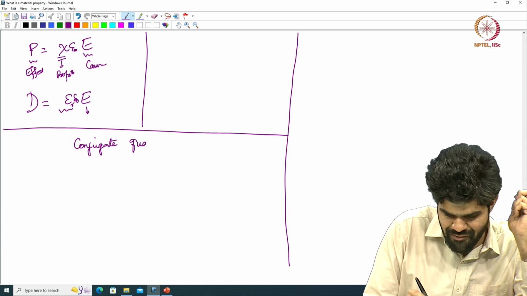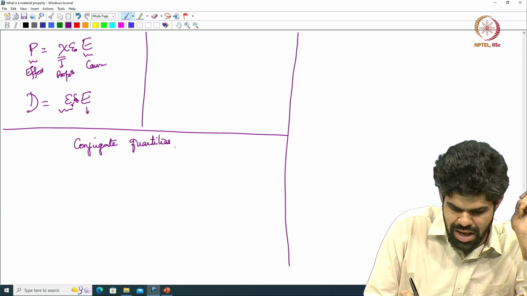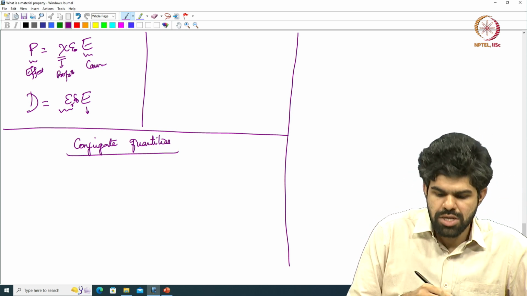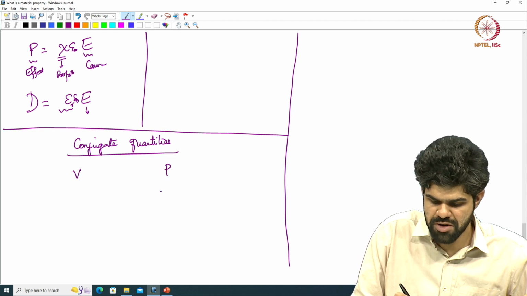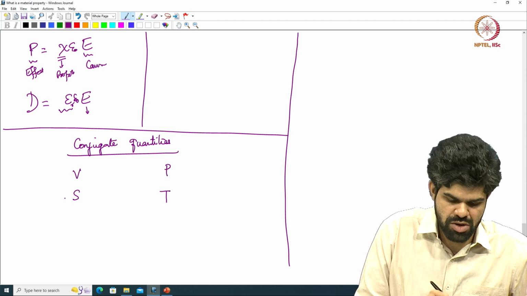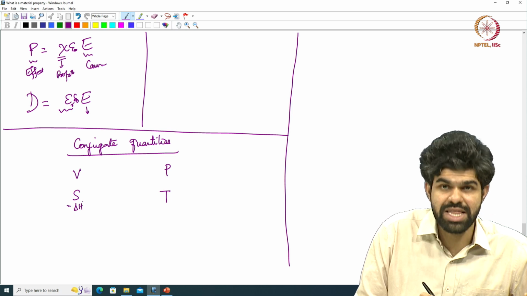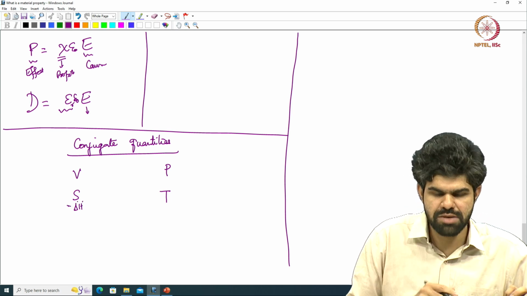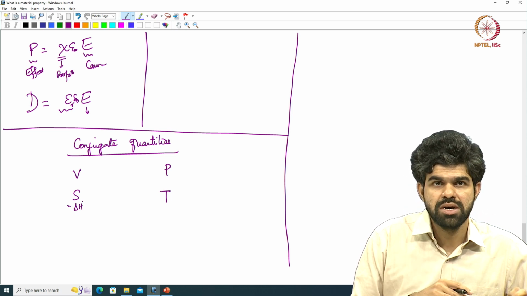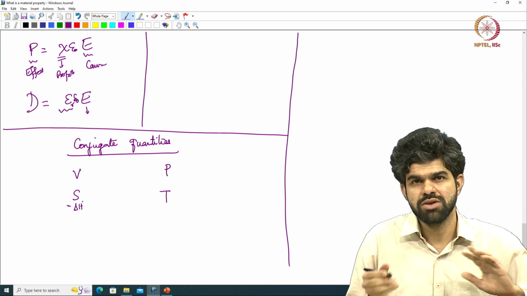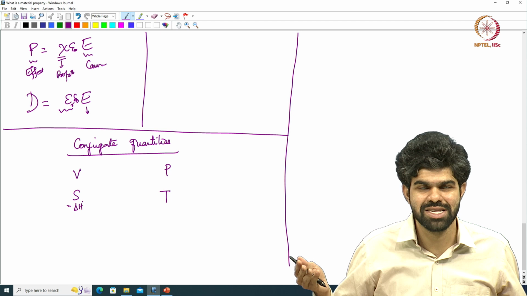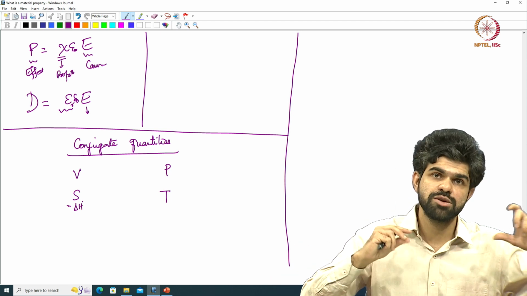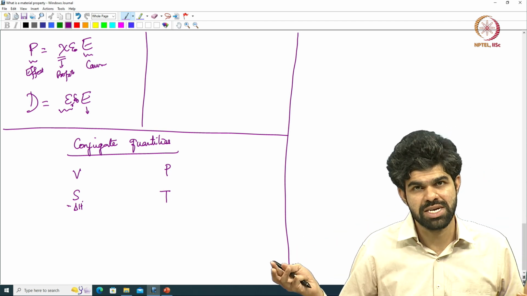in thermodynamics, right. The conjugate quantity of pressure is volume, and the conjugate quantity of temperature is entropy. These are related. If I change the temperature of a material, the entropy automatically changes, or vice versa, if I change the entropy of the material, the temperature automatically changes, right.